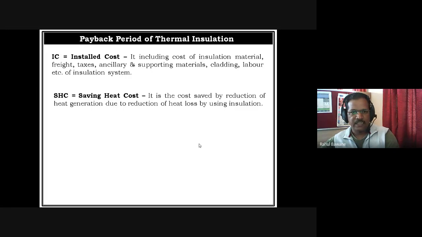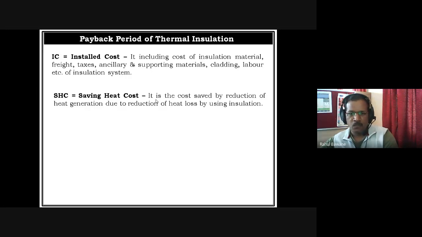Second is saving heat cost, and in short it is said SHC. These short forms may vary from book to book, but most generally it is said SHC. Now what is this saving heat cost? Imagine if we provide some insulation to any system, that insulation is going to decrease the heat loss, and whatever heat loss is reduced is saved.